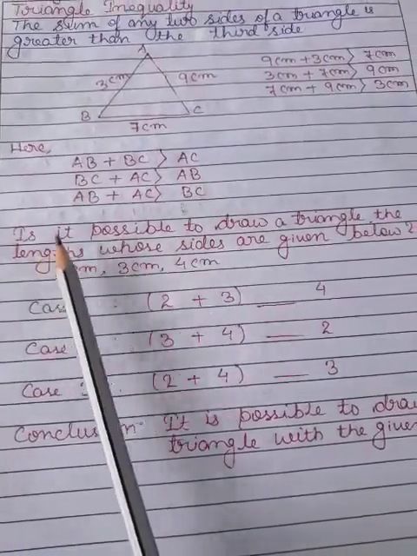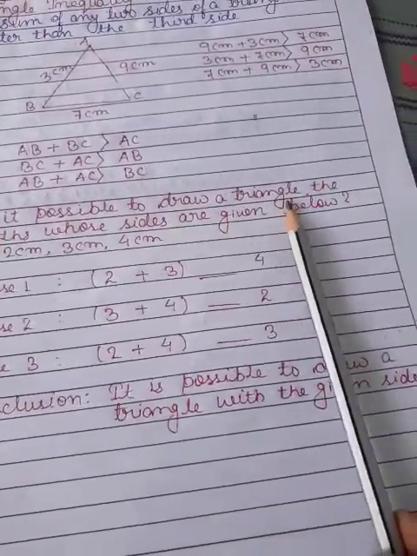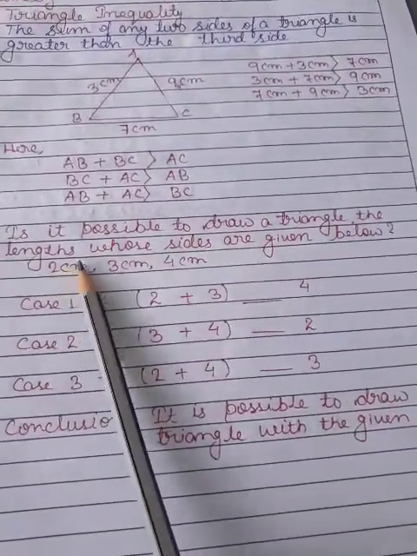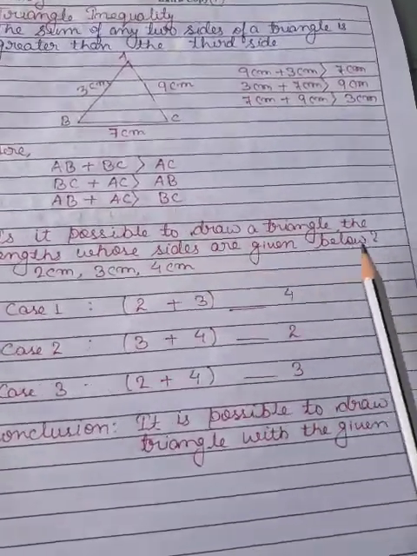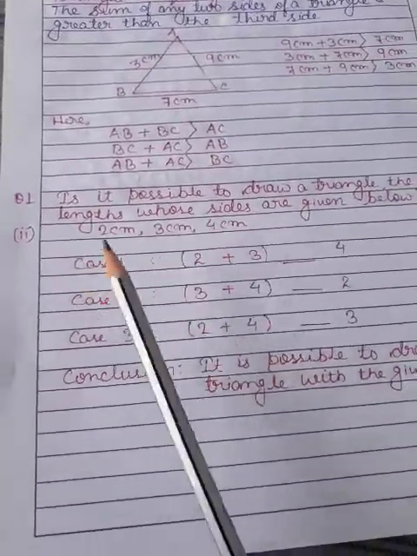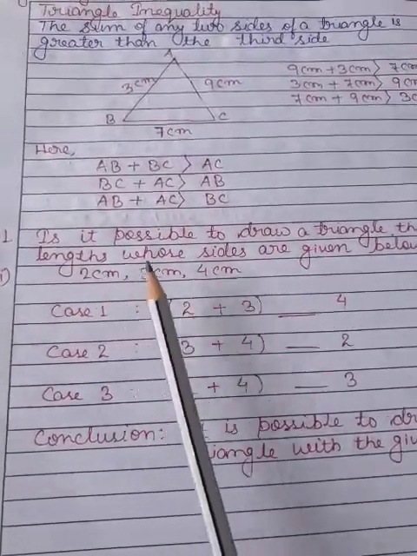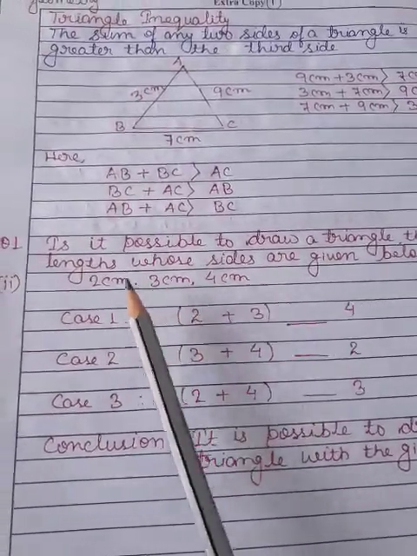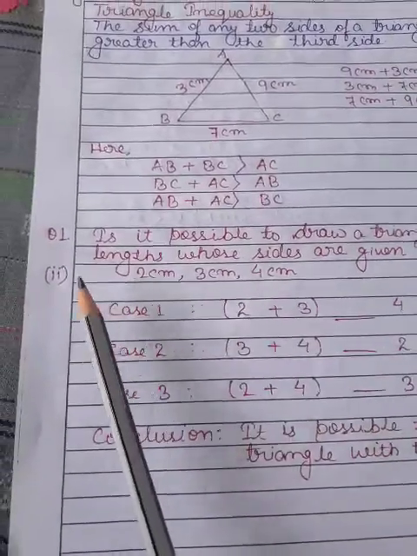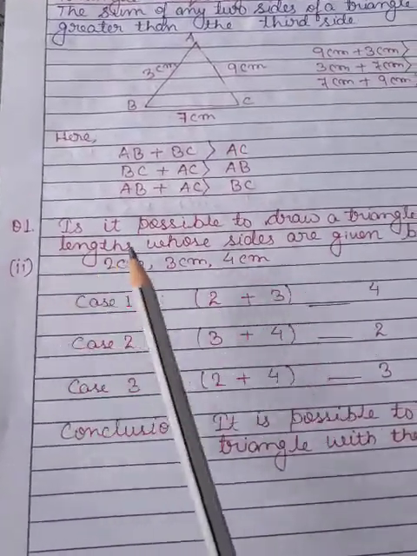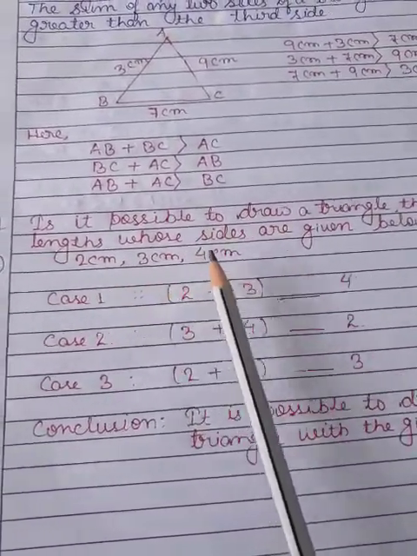Number 1 asks: is it possible to draw a triangle the lengths of whose sides are given below? We have some data and we are asked whether it can form the sides of a triangle or not. I have solved part number 2. It is given 2 cm, 3 cm, 4 cm.